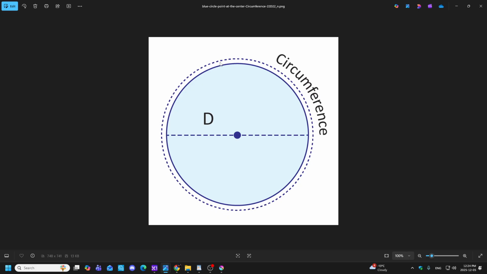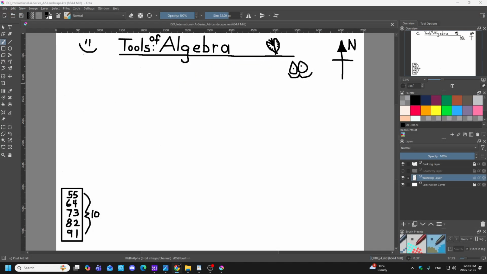It's the total distance that you would walk from point to point. Imagine yourself walking in a circle. All right? Don't get dizzy.